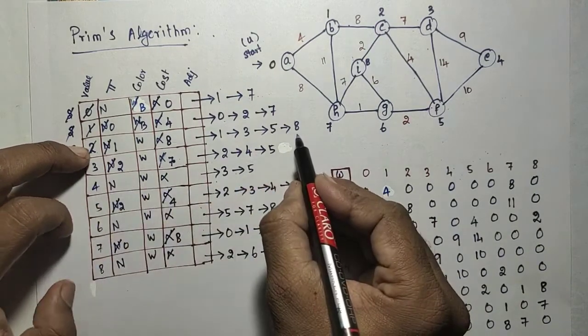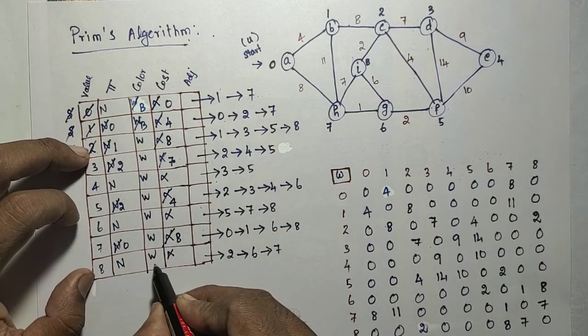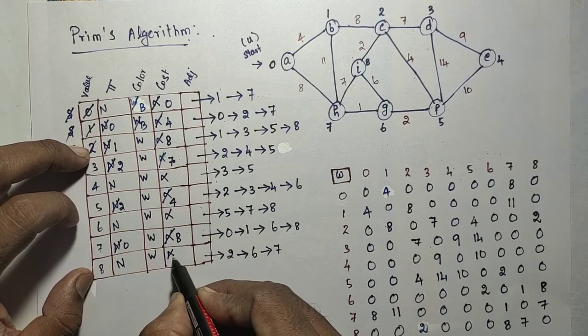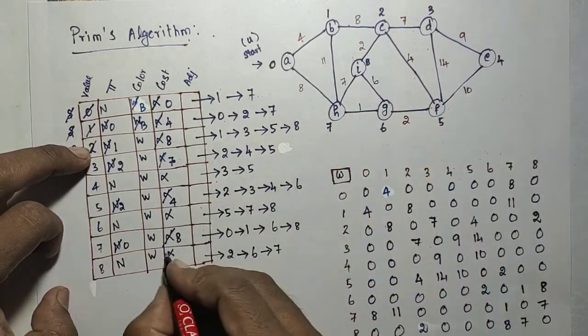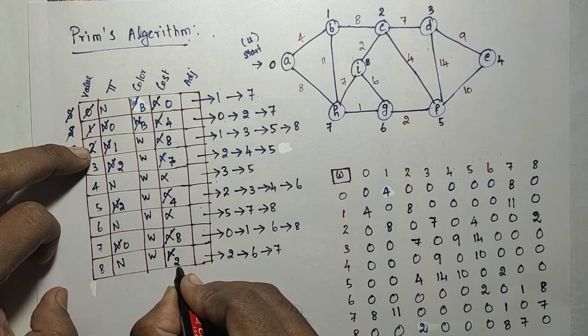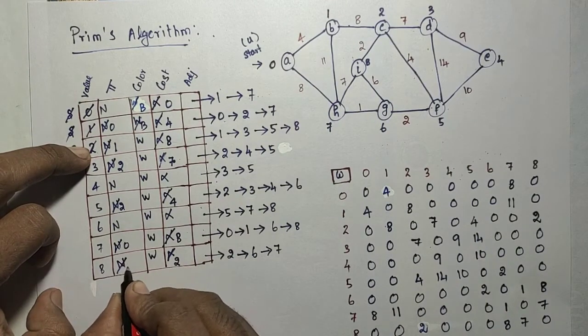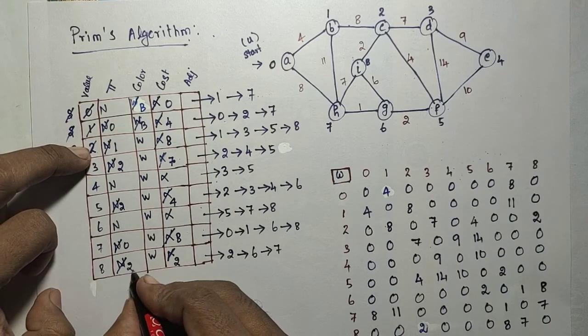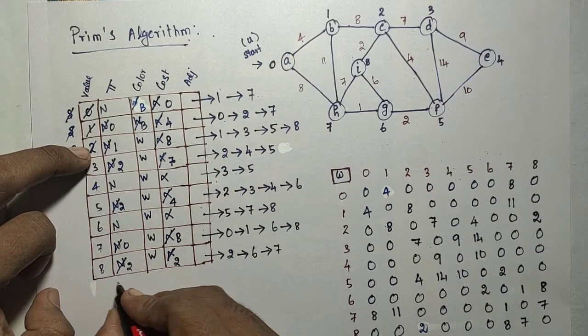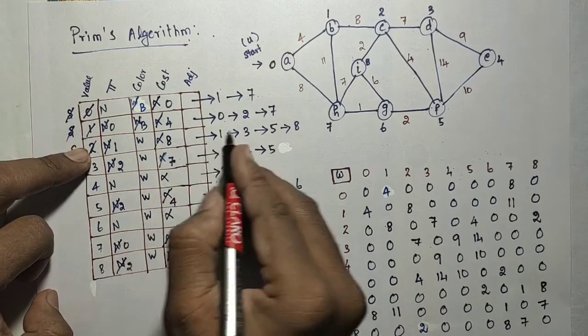The next, go for 8. 8 is also not visited. The cost is infinity, but 2 to 8 is 2. So it is updated with 2. The parent is 2. So 2 to 8, the cost is 2. Like that we updated.